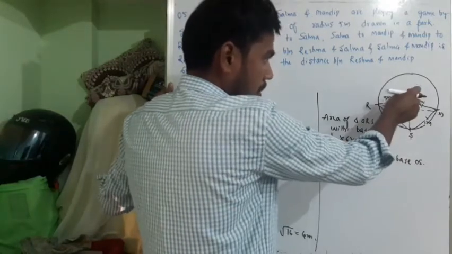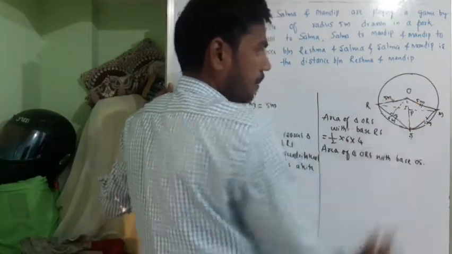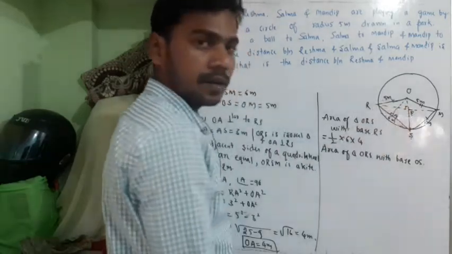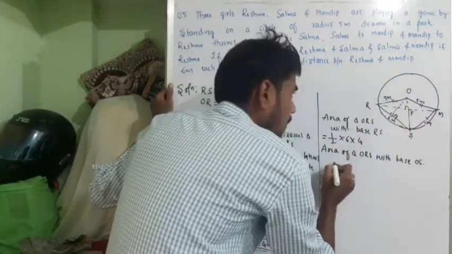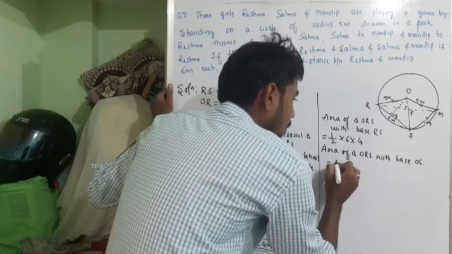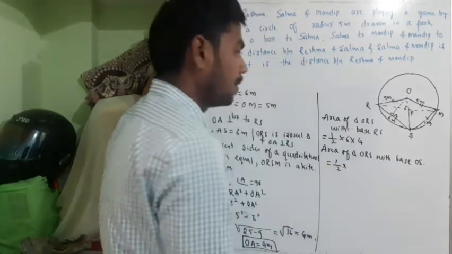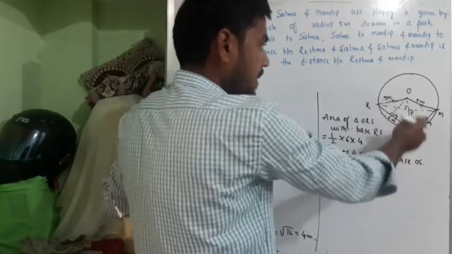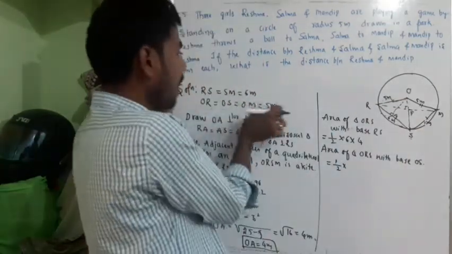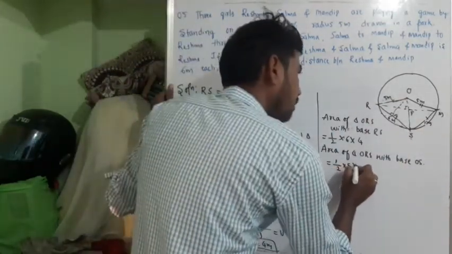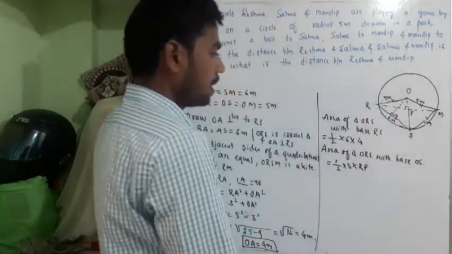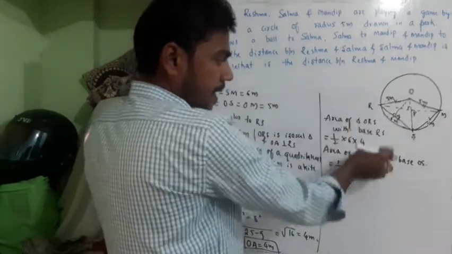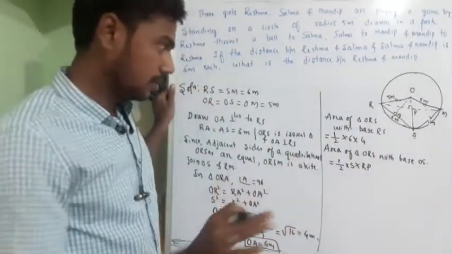Here in this triangle ORS, we are considering OS as a base. Then RP will be perpendicular. Now, which is equal to half into what is base? Base is OS. OS is 5 meter. 5 into RP. Okay. Since same triangle, its area will be equal.